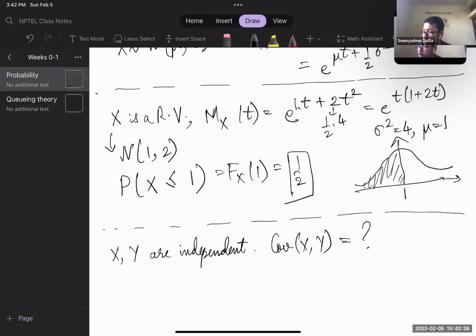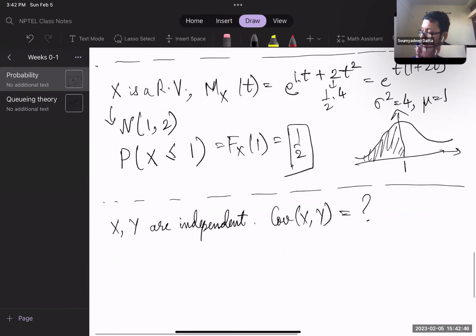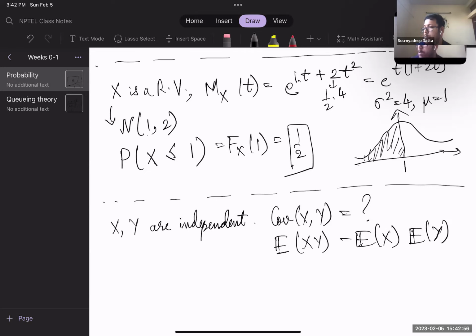Can somebody answer? So again, just to remind, covariance X comma Y is the expectation of XY minus expectation of X times expectation of Y, right? That is the formula.